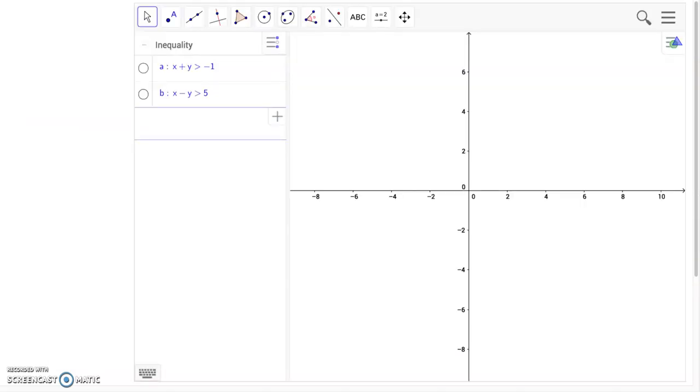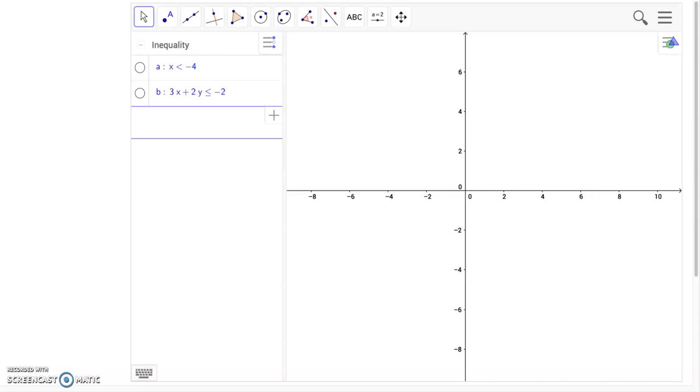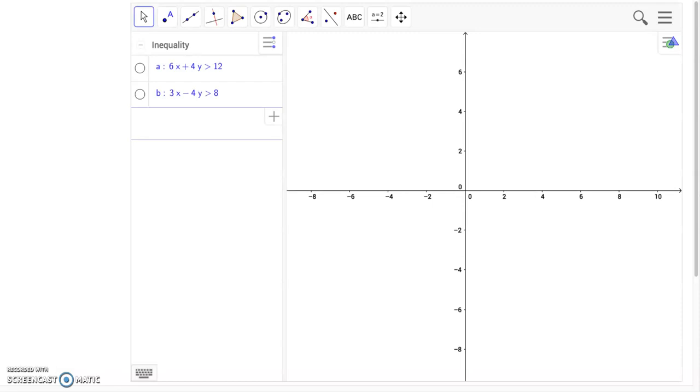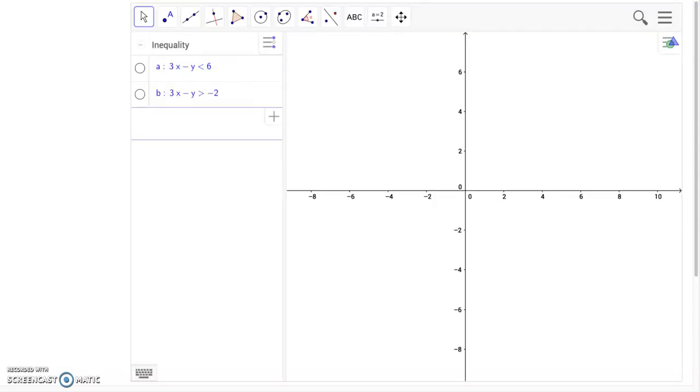So the first on your own problem, example number 2, example number 3, example number 4, example number 5, and example number 6.